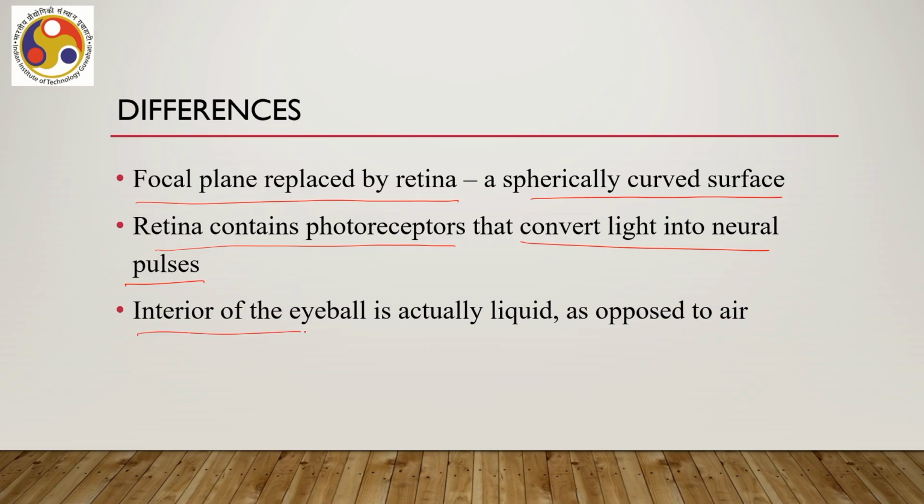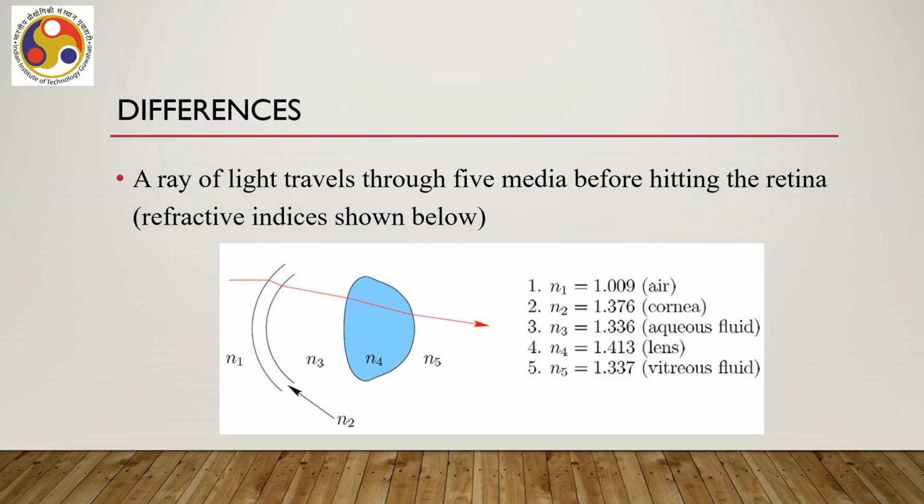The interior of the eyeball is actually liquid, as opposed to the air through which light passes in the case of an engineered lens. In an engineered lens, light falls on the lens and then passes through air to reach the focal plane, whereas in the human eye, there is no air inside the eye, rather a liquid through which the light passes after getting transmitted through the lens.